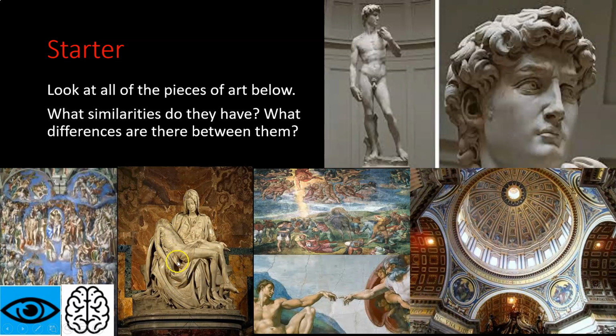We can see the detail in the body of Jesus and the arms, the legs. The same up here when we look at the statue of David, and you've zoomed in look of it on his face. You can see the realism within the hair, the nose, the lips. And if we look at the picture here of, I believe it's Adam and God, you can see the hands, and if we zoomed in closer on the hands, you would see a great level of detail. So lots and lots of realism going on here.